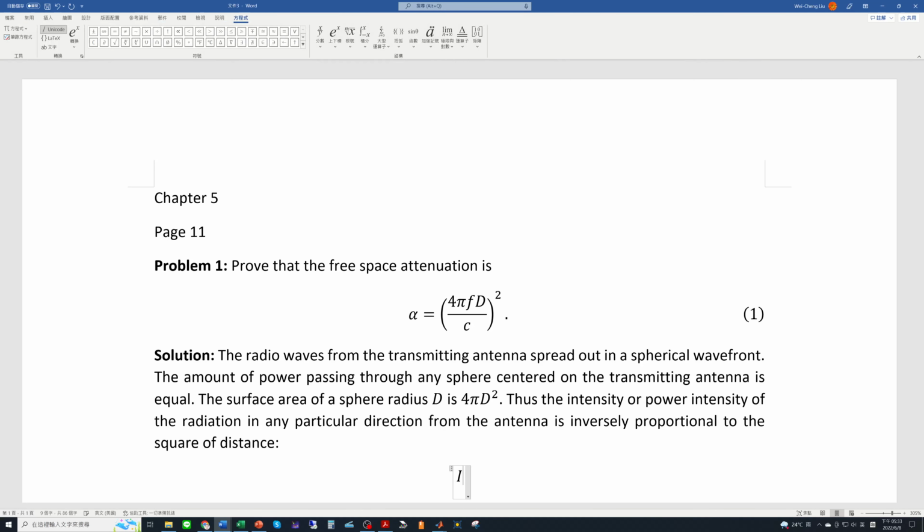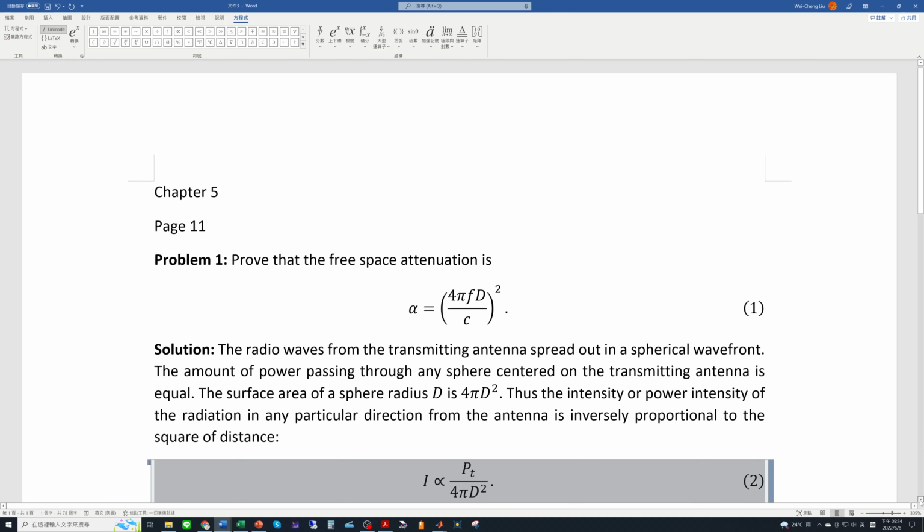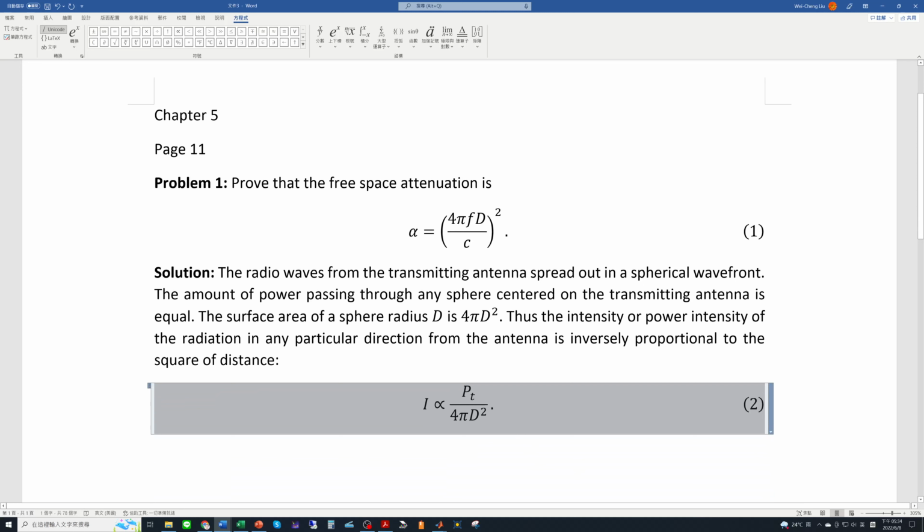I is proportional to PT over 4 pi d squared, so this is equation 2. Here PT is the transmit power.